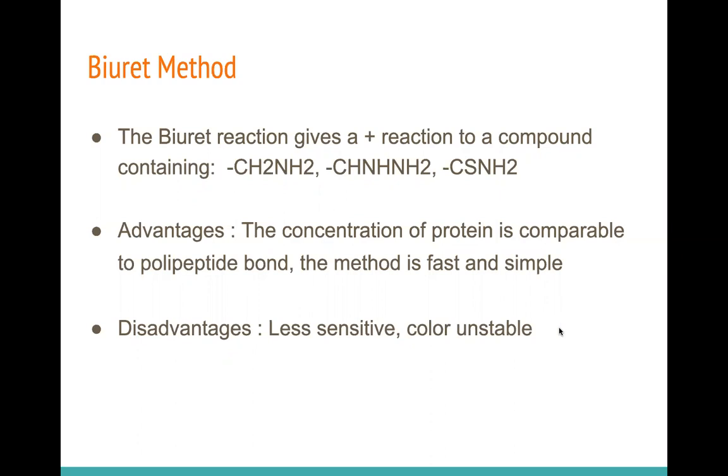Because many samples contain chains like CH2 and several others of this kind, they can be measured by this method. So it can be protein, it can be other samples, so that's why it's less sensitive.